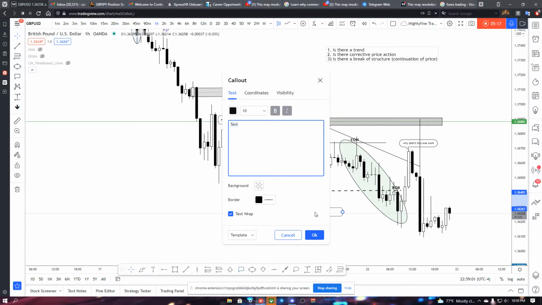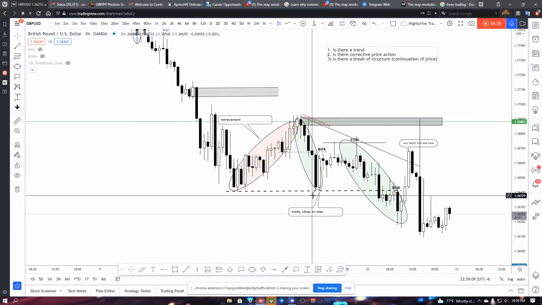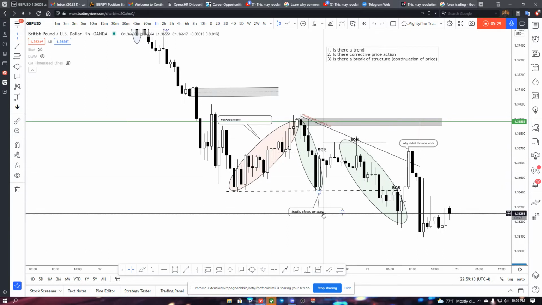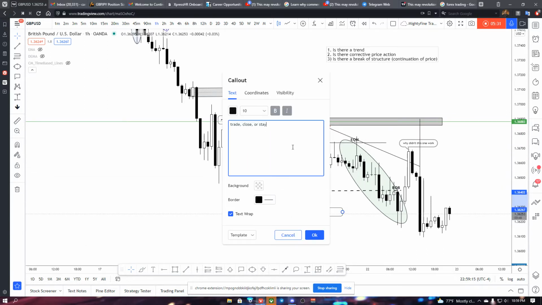Price could not trade, close, or stay in this region. So this, in my mind, tells me that it's invalid. It doesn't always happen that way, but it's more than likely invalid.